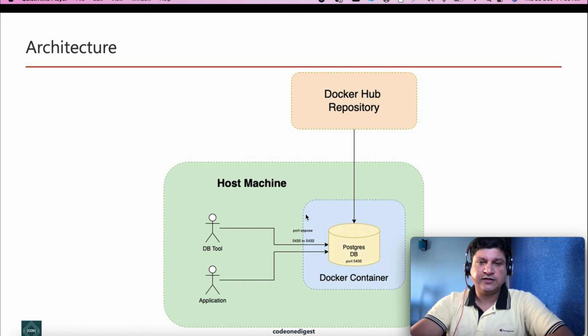The blue box that you see here is my Docker container, which is running on my host machine. Inside this Docker container, I'll be running the Postgres database image that I'm downloading from the DockerHub repository. That image comes from the DockerHub repository and then I'm deploying and running it in the blue Docker container.